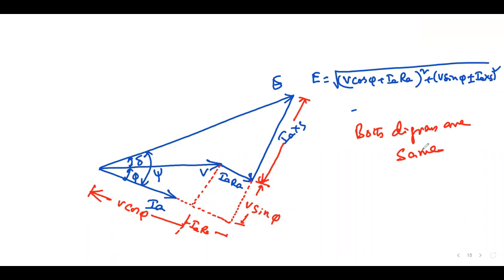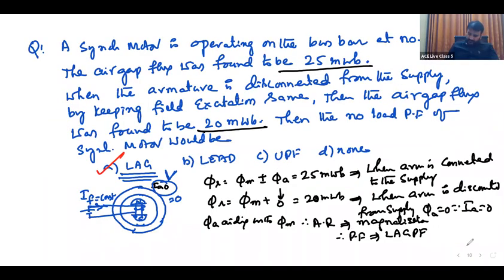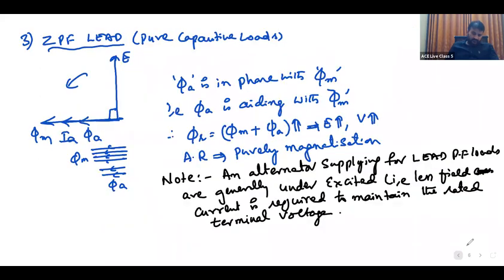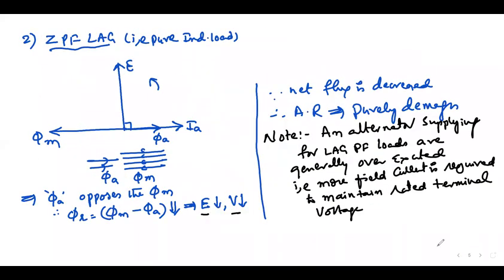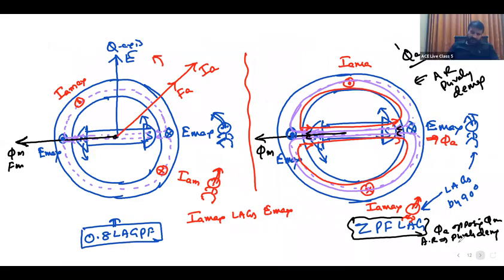Sir, ZPF lag diagram, once open. Armature reaction. Yes, sir. Physical diagram. This one. Yes, sir. Sir, I did not understand the right side diagram, because what is the main flux? What is the armature flux? Main flux and rotor flux.